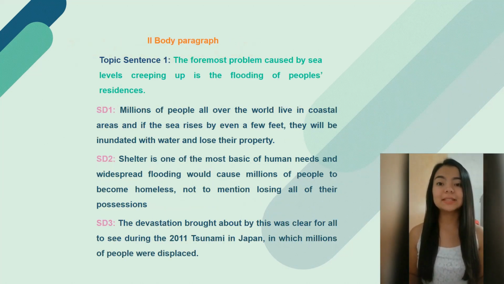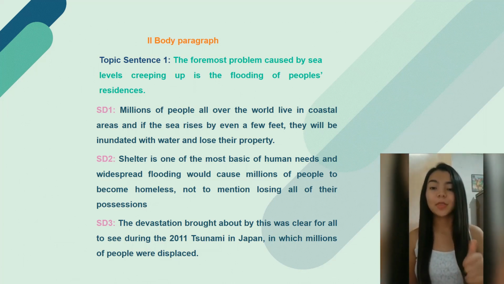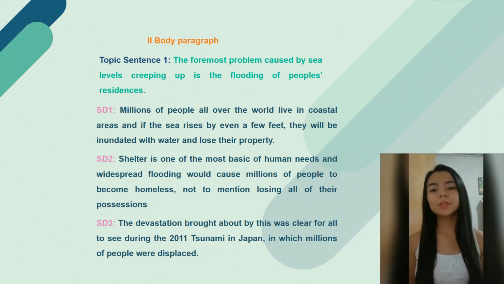The second step is to create a topic sentence. Then write three possible solutions. Number 1. Millions of people all over the world live in coastal areas, and if the sea rises even a few feet, they will be inundated with water and lose their property. Possible solutions. Number 2.